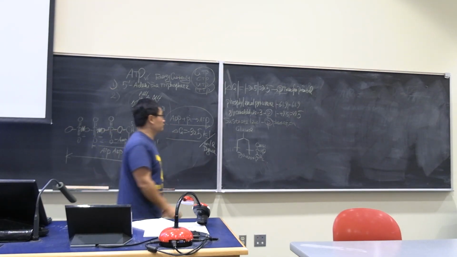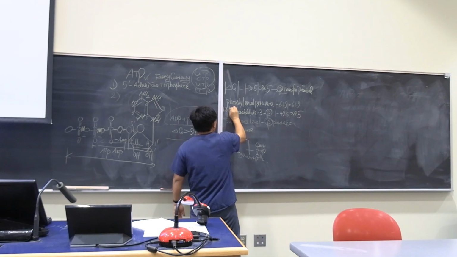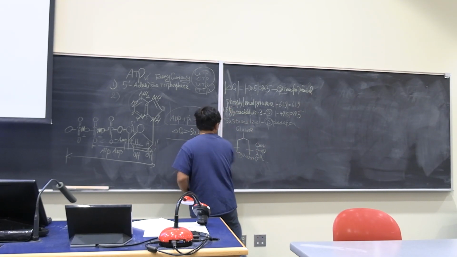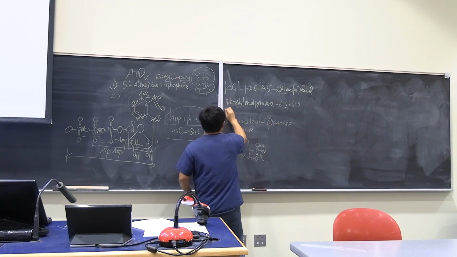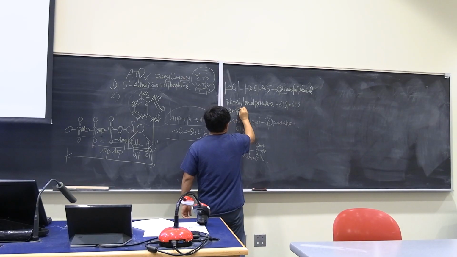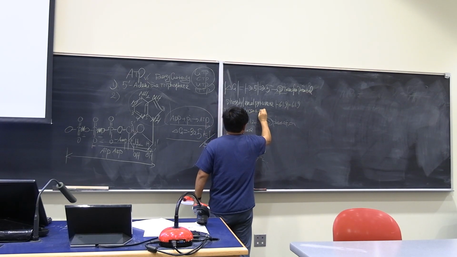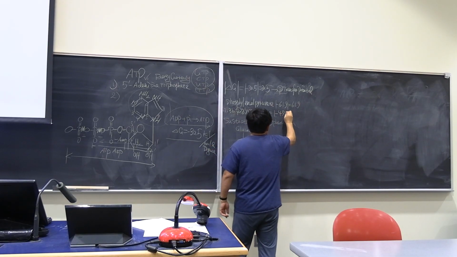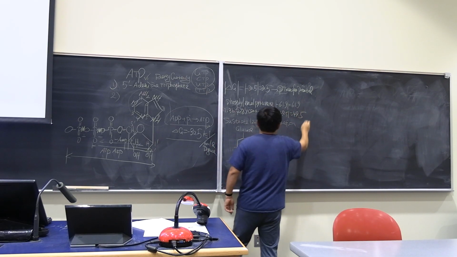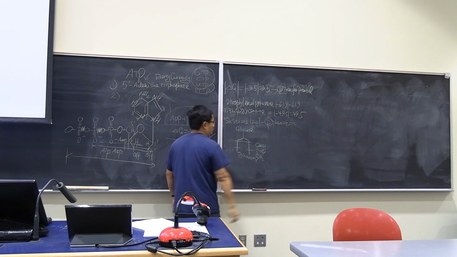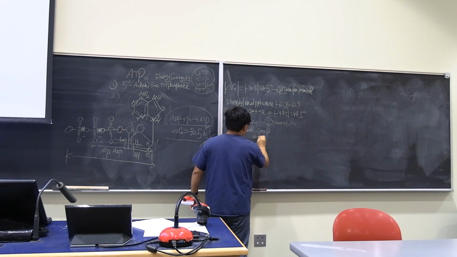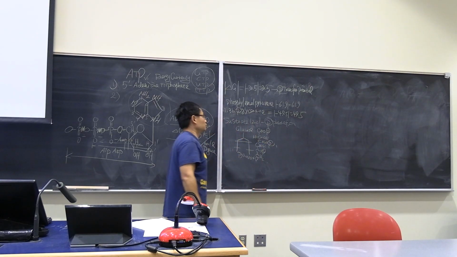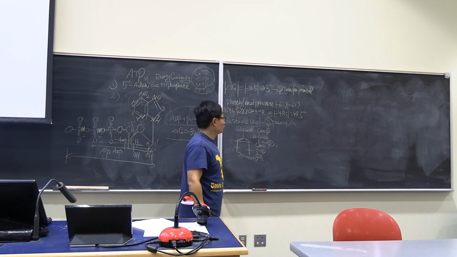Also, sorry, 1,3-bisphosphoglycerate. This one I made a mistake here. Phosphoglycerate. Where is it? So right here. What does it look like? 1,3-bisphosphoglycerate. Why do we say it's a glycerate?